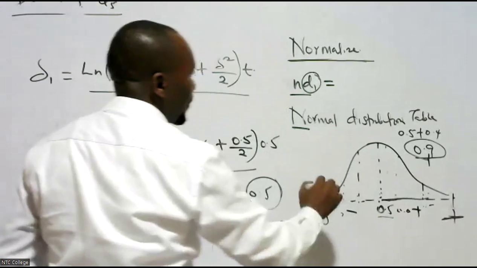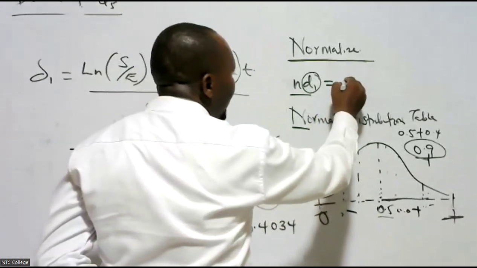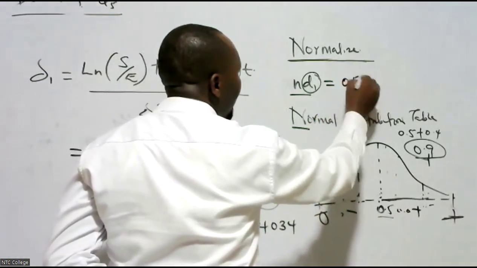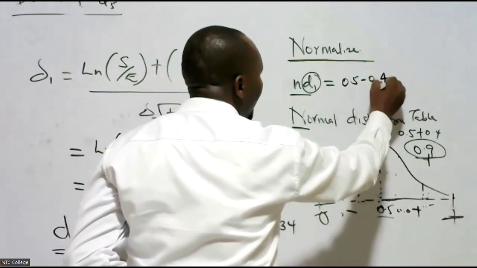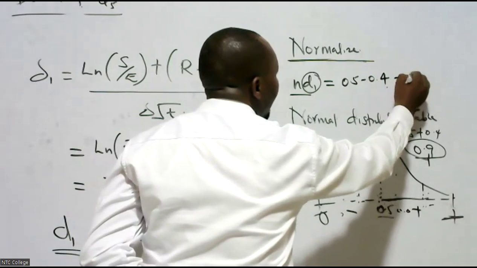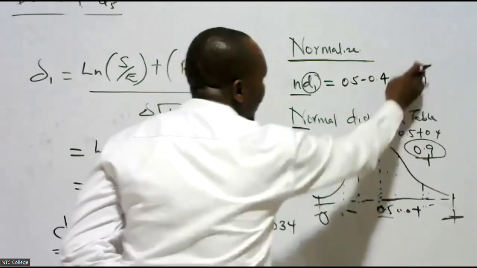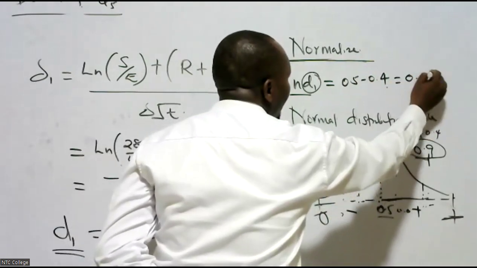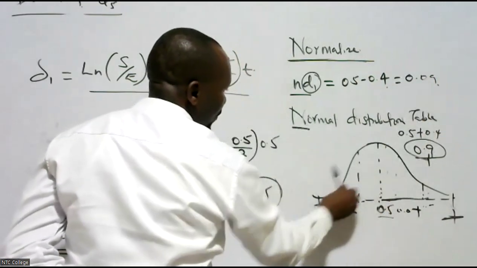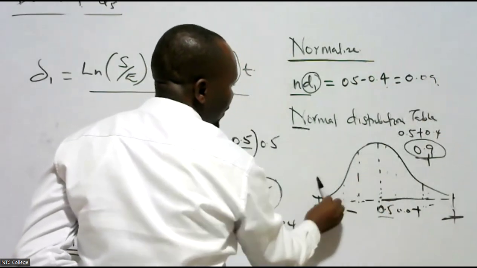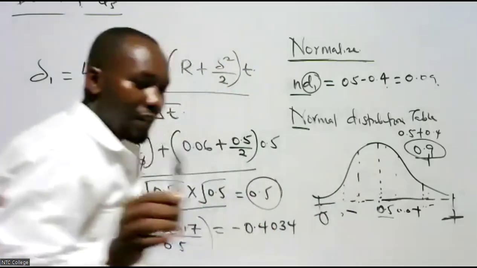So that is why when you have 0.5 minus 0.4, unapata 0.09, it means that you are towards this end, right?